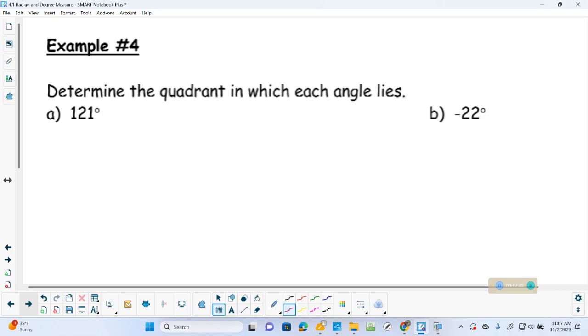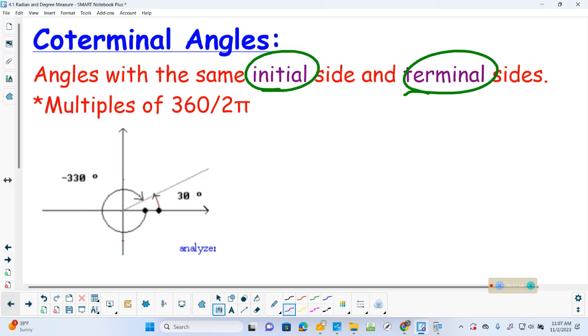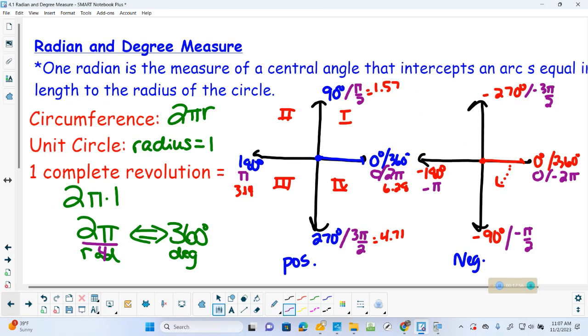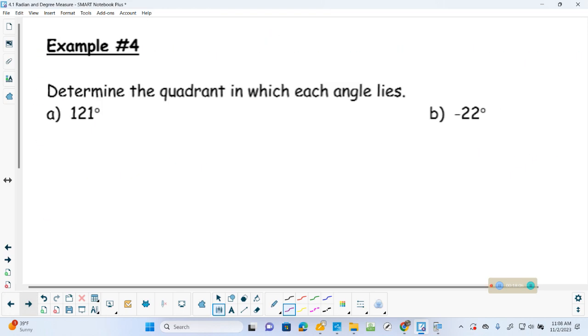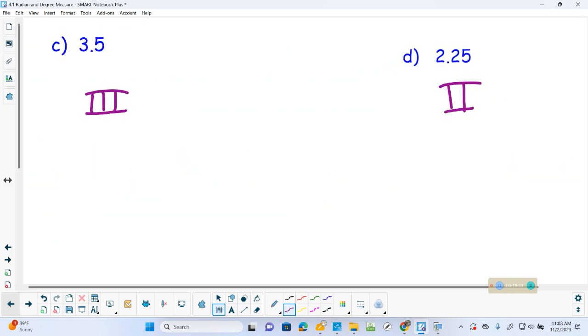Okay, now we're going to work, it's a little easier, I think, in degrees. Determine the quadrant 121 degrees is in. So again, if you flip back to the pictures, 121 positive, it's going to be in between 90 and 180, so it's in quadrant 2. Negative 22, let's look at the pictures.